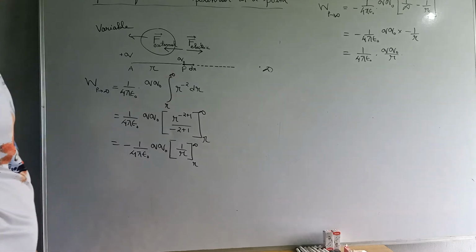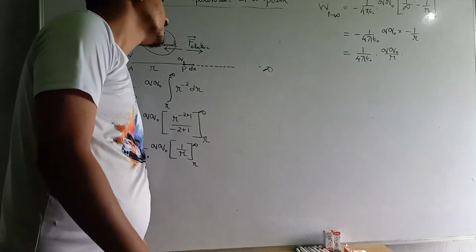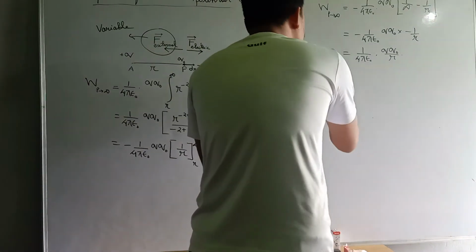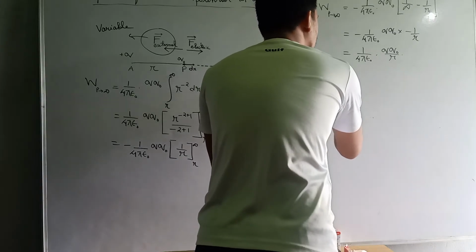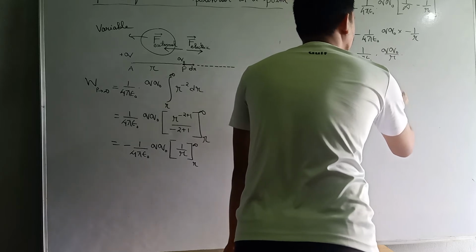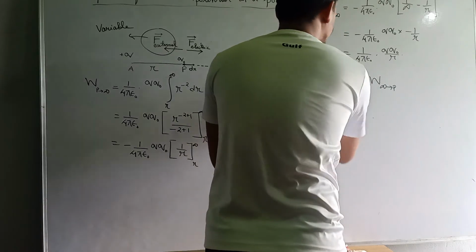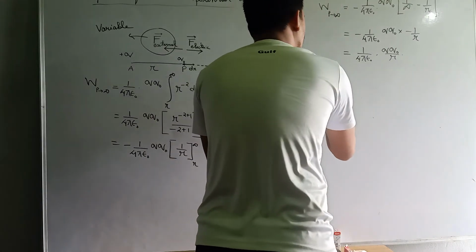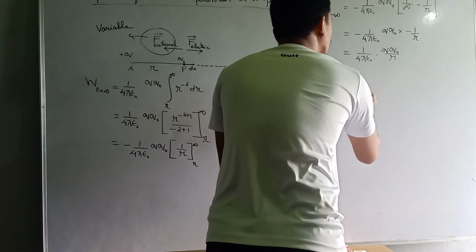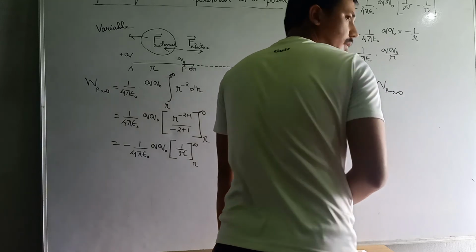Now work done by a conservative force in a closed path is always 0, right? That means work done in taking the body from P to infinity will be equal to minus of work done in taking the body from infinity to P. Therefore, work done in bringing the body from infinity to P will be negative of the work done in taking it from P to infinity.